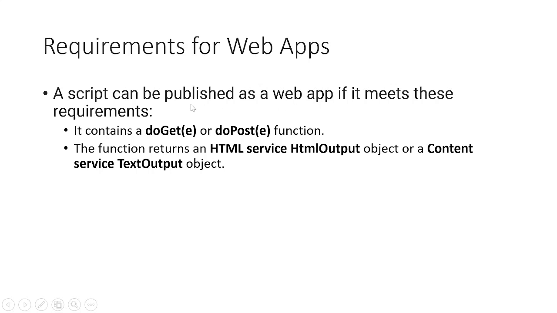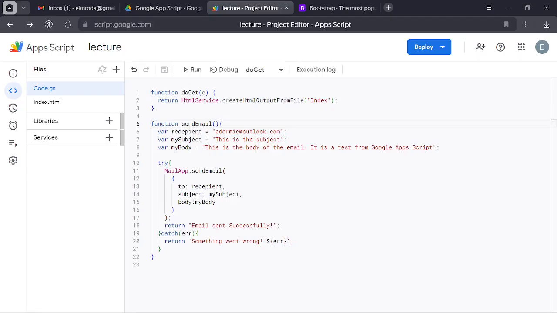Therefore, we must publish it first before it is going to return the HTML output object. So in our case, how are we going to publish our web app?